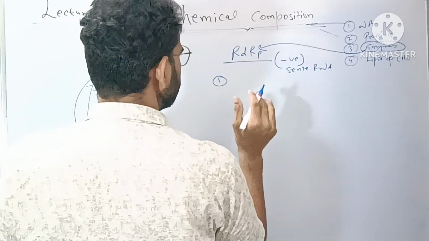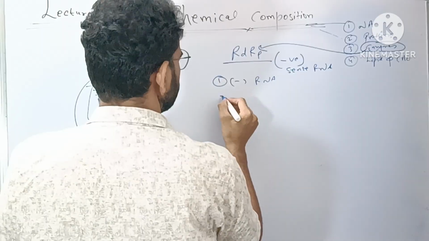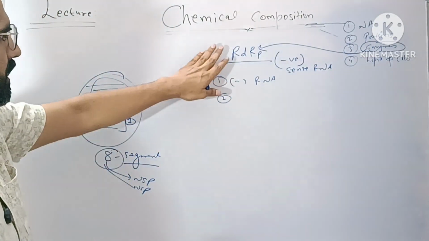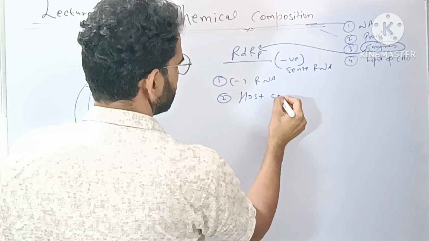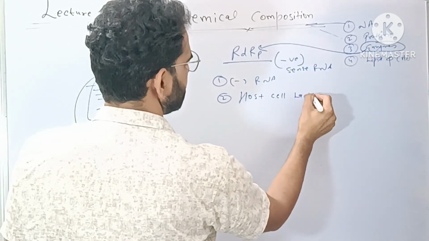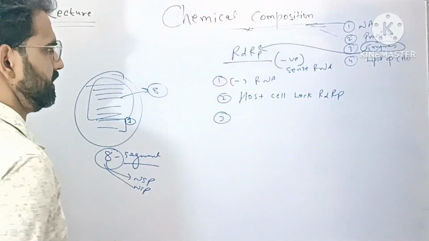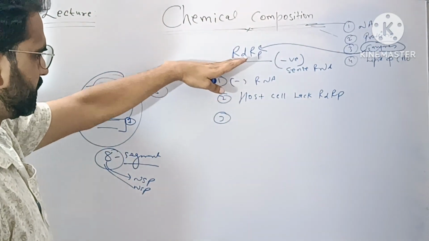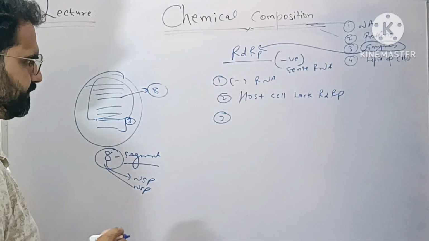And where is it absent? The host cell lacks this RdRp. Which of the segments encode this RdRp?